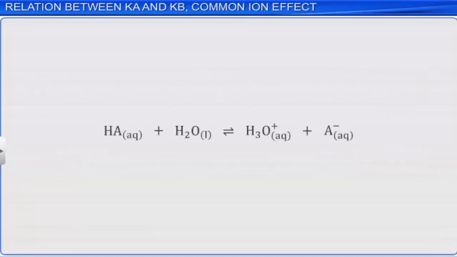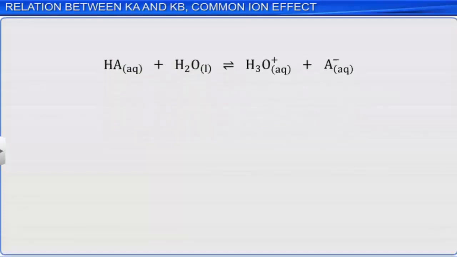Consider the dissociation of weak acid HA in water. The acid dissociation constant, Ka, for this equilibrium can be written as Ka is equal to the product of concentration of H3O plus and A minus ions divided by concentration of HA.